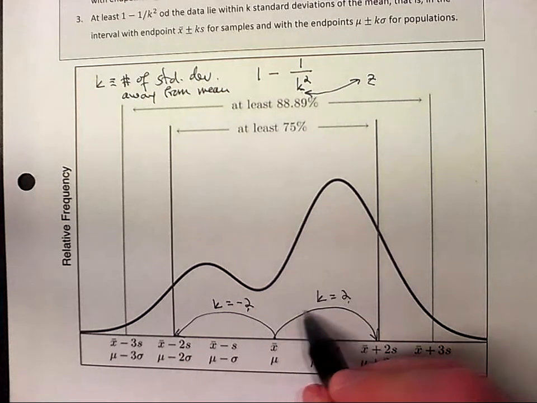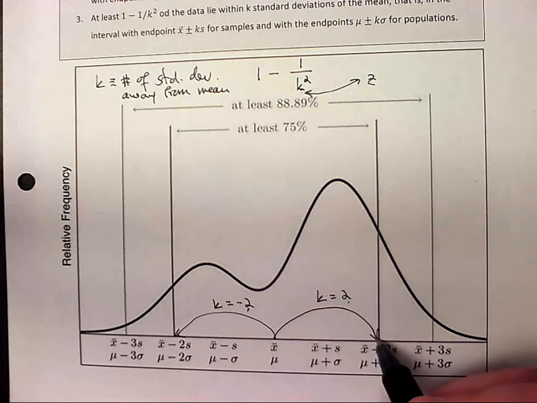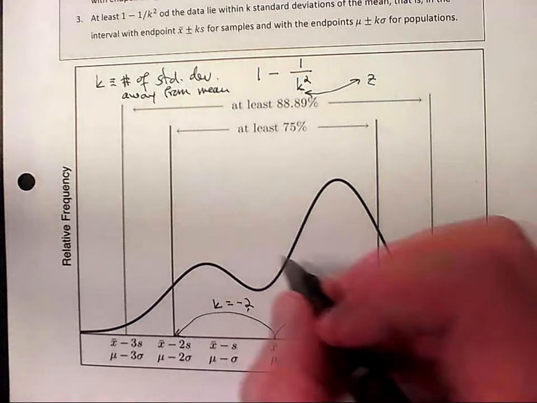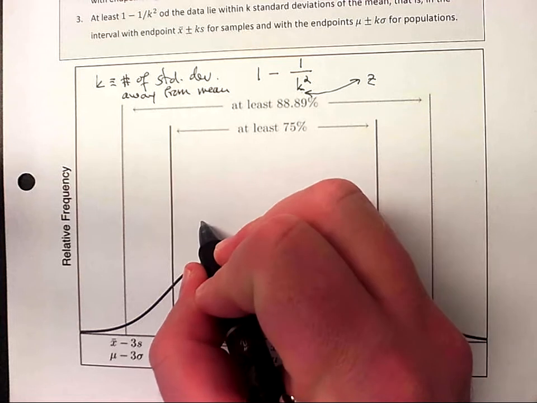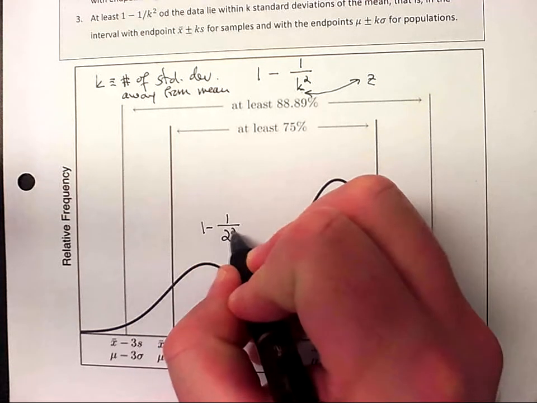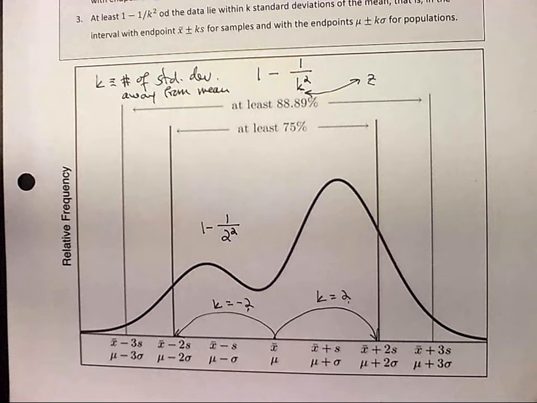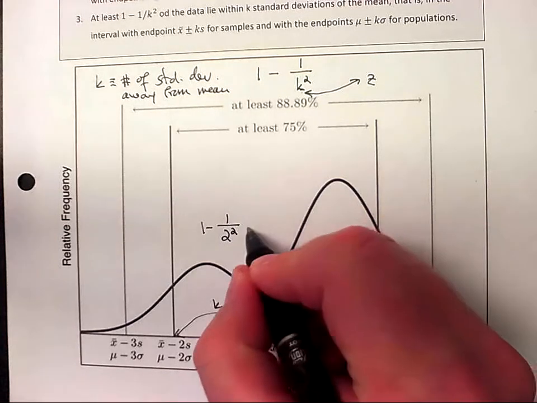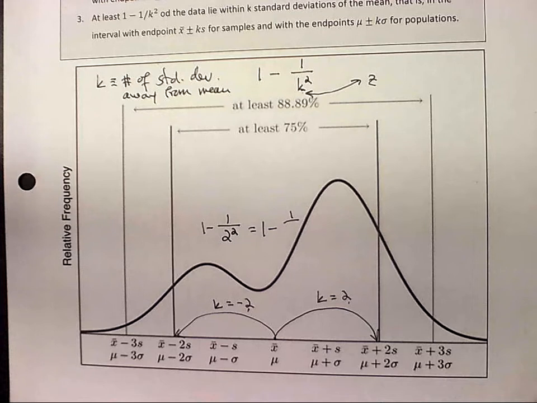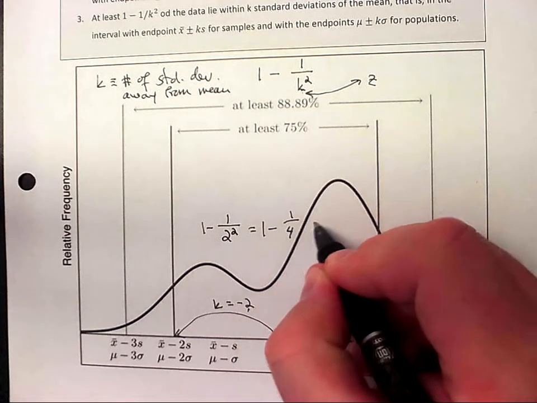So let's do that. Let's suppose that we go 2 standard deviations above the mean, and suppose we go 2 standard deviations below the mean. Then what we're going to have right here is 1 minus 1 over 2 squared. Right, I'm plugging in 2 now for k. Now this is going to be equal to 1 minus 1 over 4.